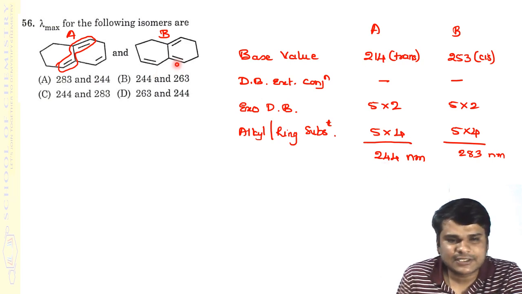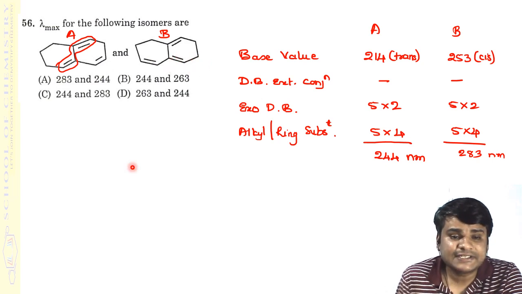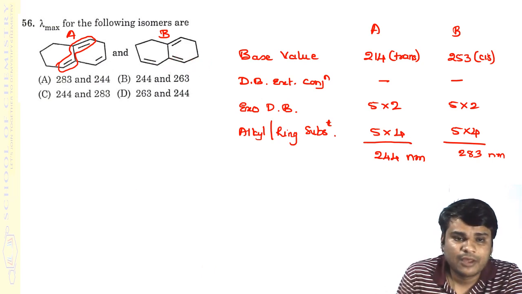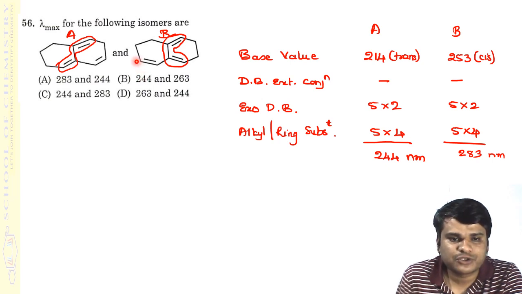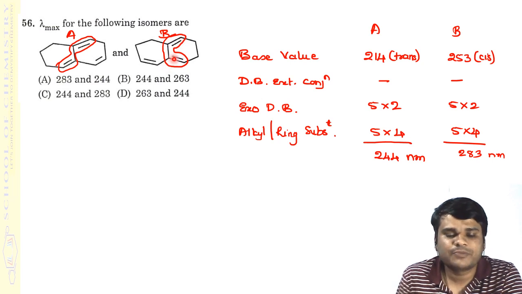So if you consider the system B, everything is the same except that this is a cissoid system, not a transoid system. These two double bonds which are in conjugation are actually cissoid. Of course, considering this part alone it would be transoid, but when both cissoid and transoid are present, the system should be considered exactly cissoid, right?